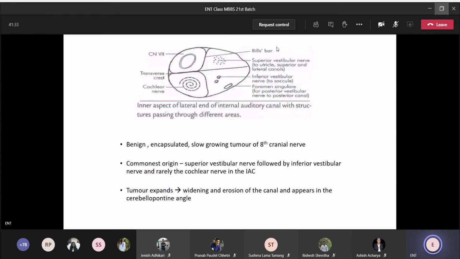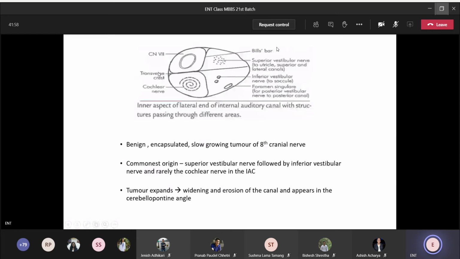Now this is a picture, and it is in your book too. This is the picture of the inner aspect of the lateral end of the internal auditory canal with the structures passing through. This is an important picture. The inner aspect is divided into superior and inferior by a crest, which is known as the transverse crest, as you can see.